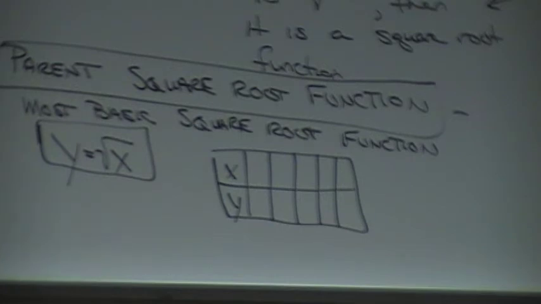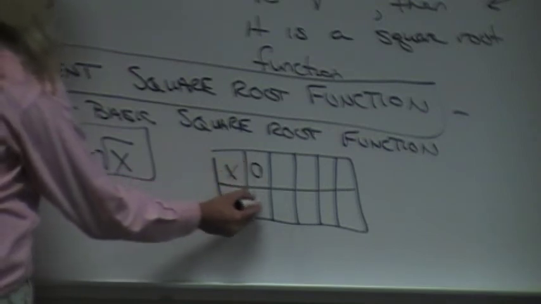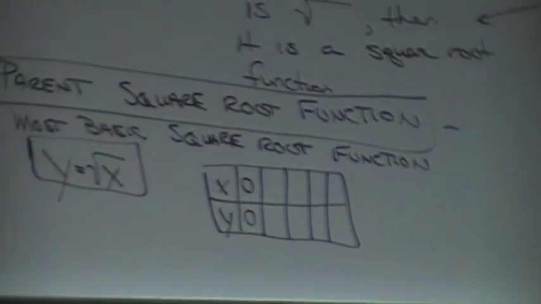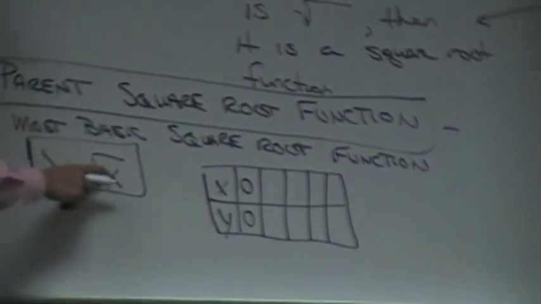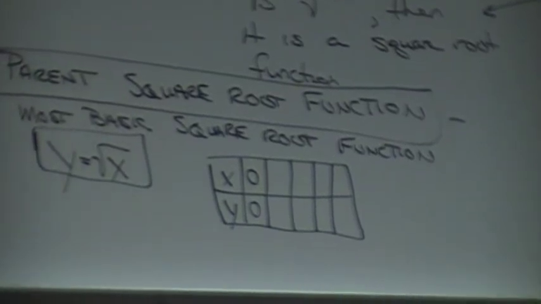Because what is the square root of 0? 0. So is that my first non-negative number I can use? Yeah, because what if I try to put -2 in there? What would it say? It'd say error, wouldn't it? Because you don't have a real number answer for your range. You get an imaginary number, which we deal with in Algebra 2, but we're not dealing with that yet here. We're just dealing with real numbers.